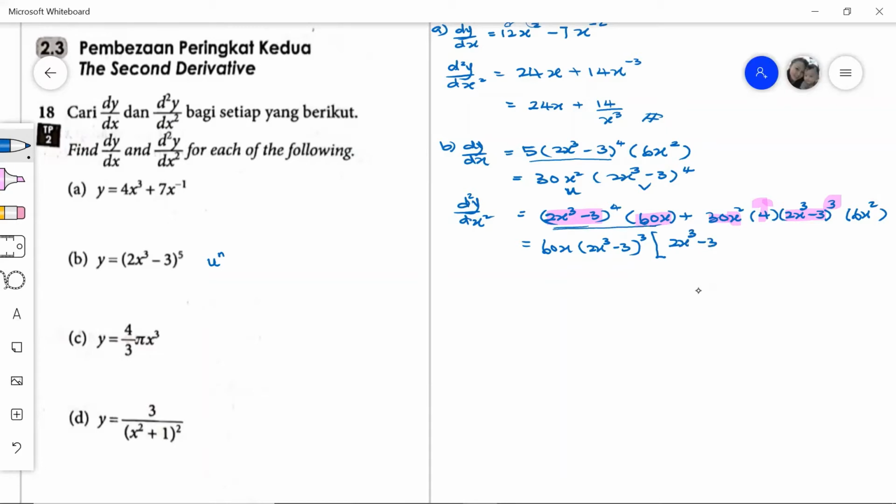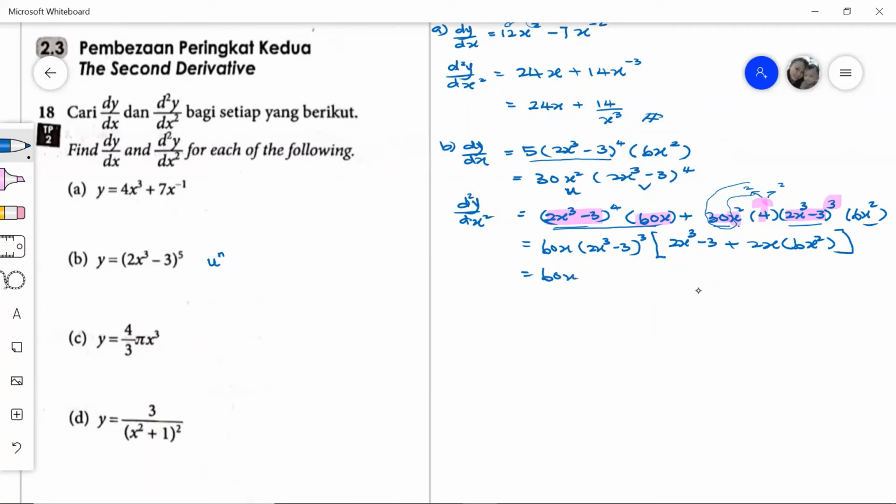The second term, 60, one of the x taken out, the 2 times 2. So 30 and 2 already factorized. So we're left with just 2x. So plus 2x together with the 6x squared, because the 2x cubed minus 3 to the power 3 is already factorized.